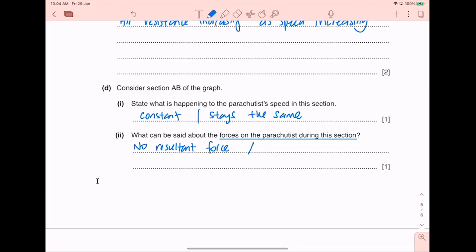Or you can say that weight equals air resistance, also correct. Or you can also say force up equals forces down. Like that only, then you get 1 mark.